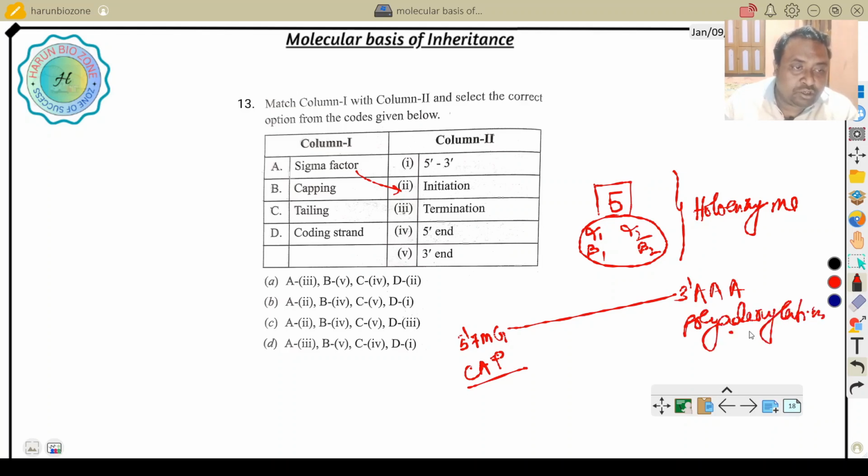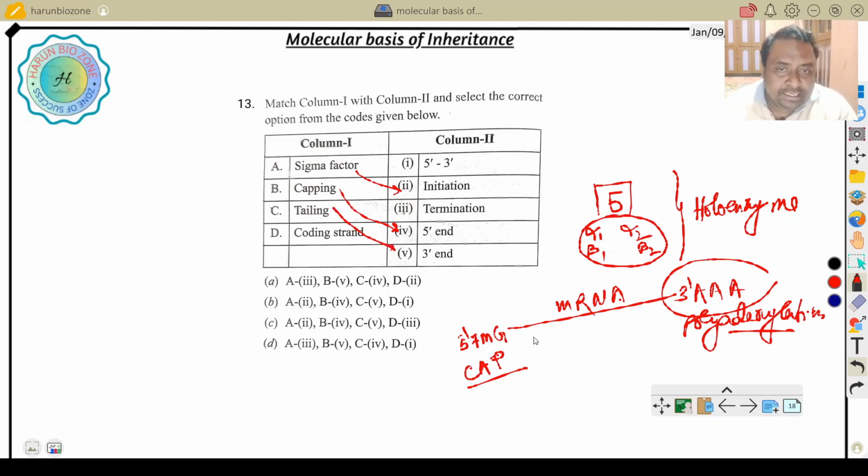This is a modification of mRNA. So capping is at the 5' end. Tailing means polyadenylation at the 3' end. And the coding strand means the strand from the region of mRNA where translation occurs, present from 5' to 3'.